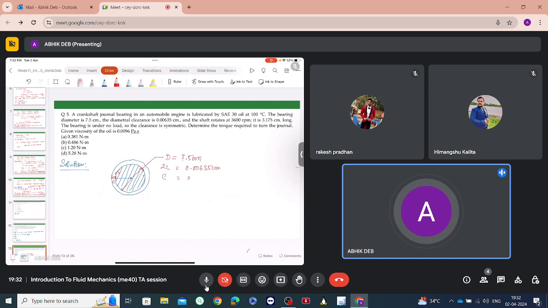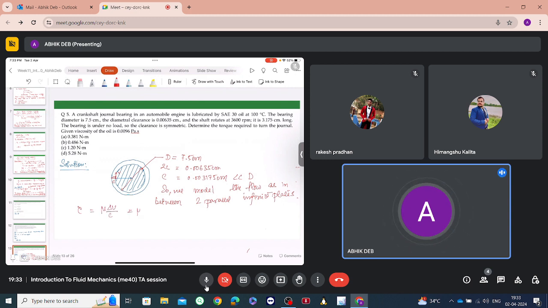So C is 0.00317 centimeter, which is very less than D. So we model the flow as in between two parallel infinite plates. Okay, so tau is equal to mu delta u by c.